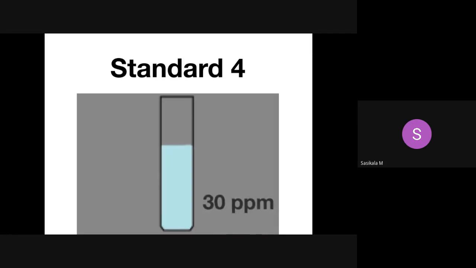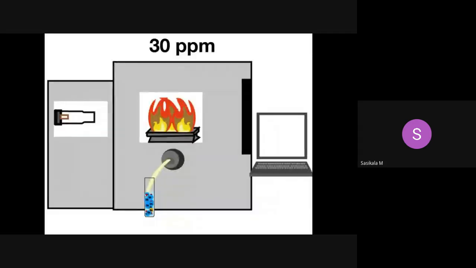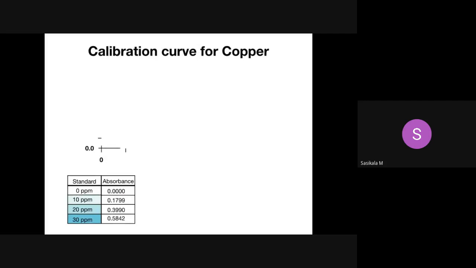Then you take standard 4, that is 30 parts per million. The concentration is serially increased, with a 10 parts per million difference: 10, 20, 30, likewise. So again the absorbance will increase and the intensity of light passed is decreased. You could observe that the intensity going to the detector is decreased since absorption has taken place by the atoms present in the flame. So a calibration curve for the copper sample is taken.